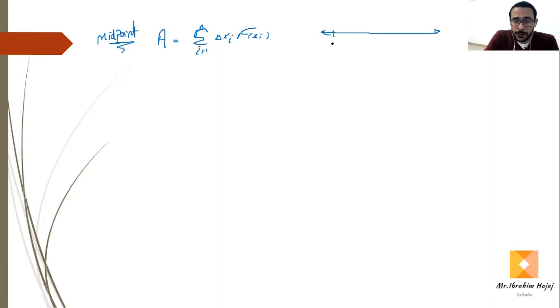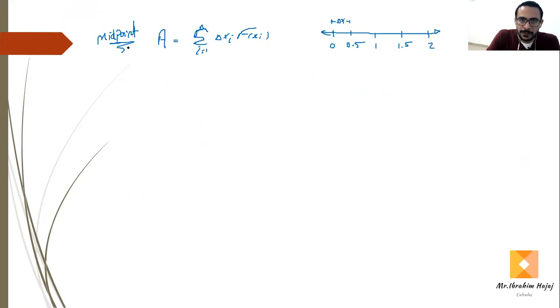I have a function that we work on from 0 to 2, and we said that delta x is half, so I have to divide my interval from 0 to 2 into 4 sub-intervals. Each one of them has a width of 0.5. This delta x here is 0.5.